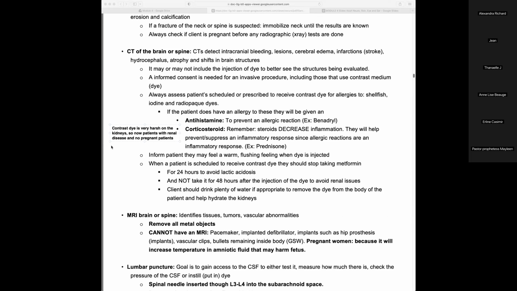So just knowing that contrast dye is very harsh on the kidneys, and we don't want patients with renal disease and also pregnant patients. We don't want them getting contrast dye because it can damage the kidneys of the unborn child. I told you, contrast dye is very hard on the kidneys.